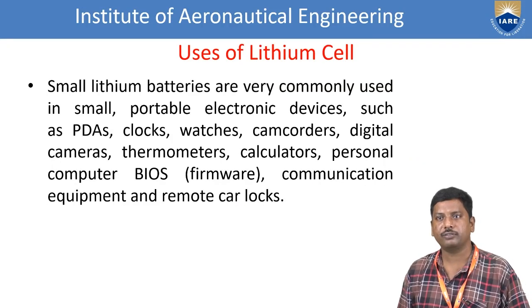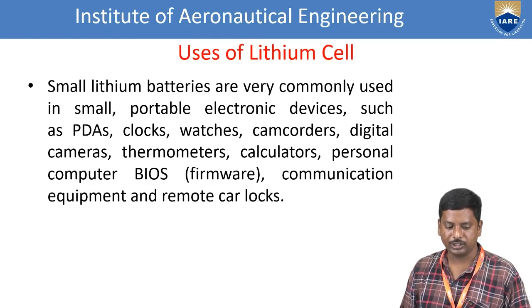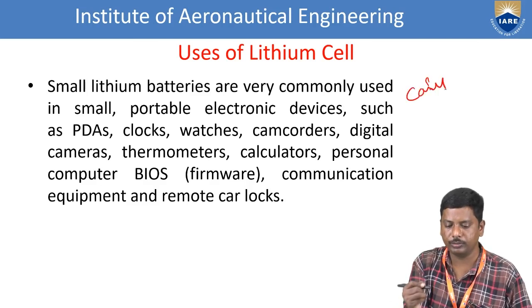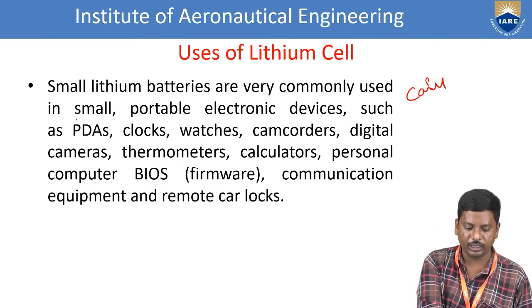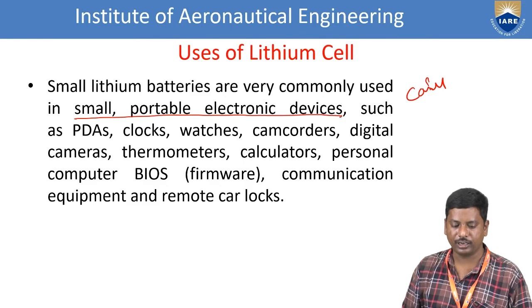And finally, what are the uses of the lithium cells? Almost all lithium batteries are commonly used in small and portable electronic devices, because the structure of the lithium cells is coin size. Because of the structure of the lithium batteries, these are mainly applicable to small and portable electronic devices.